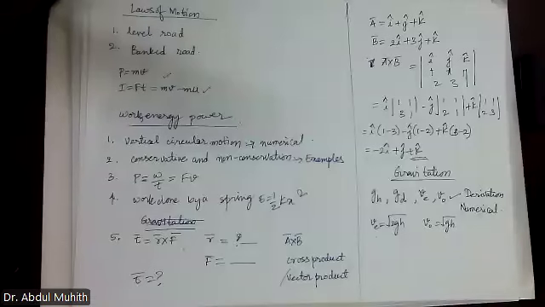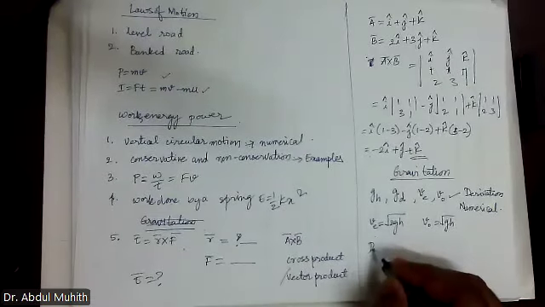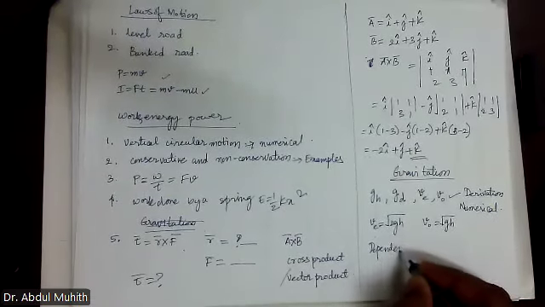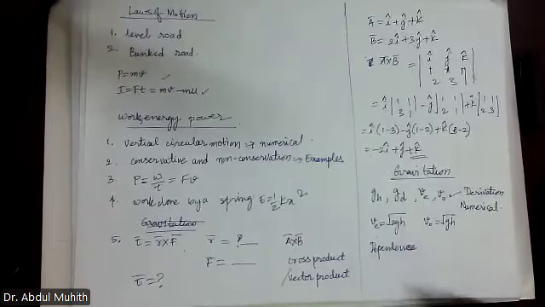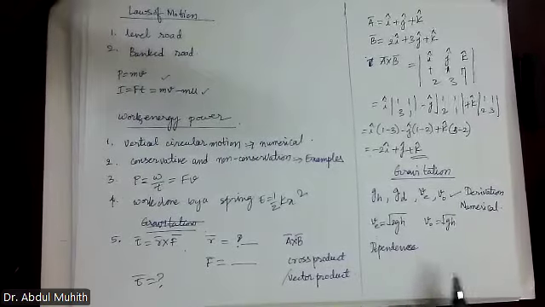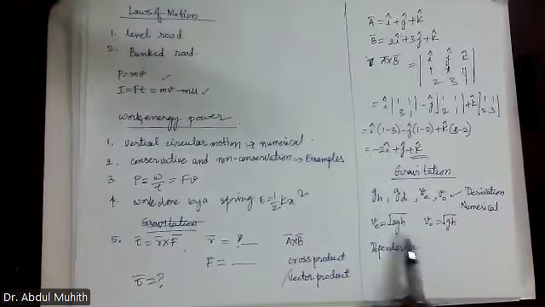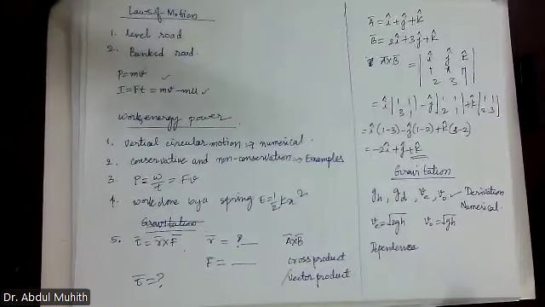No, that you have to see, the dependence I mean here. Is the escape velocity dependent on the mass of the planet from which it is escaping? Does it depend upon the mass? Does it depend upon the radius of the planet? That you must see.